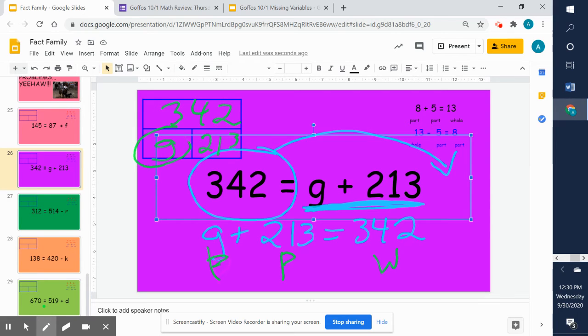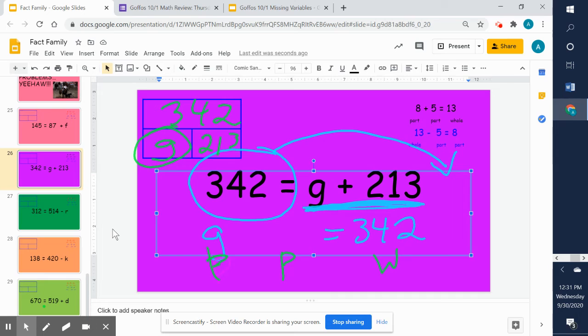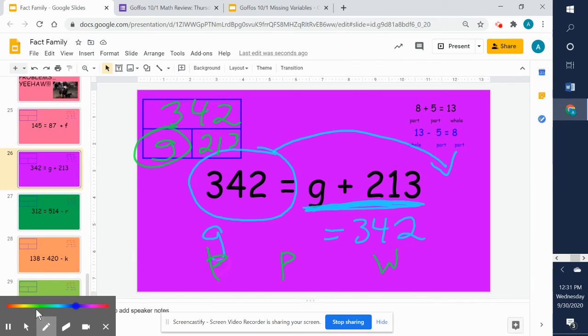I'm missing a part, so I will subtract. And I'm going to do that over here.